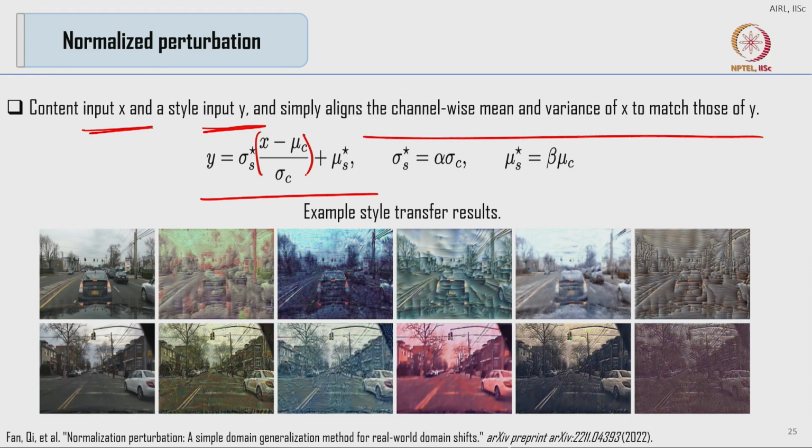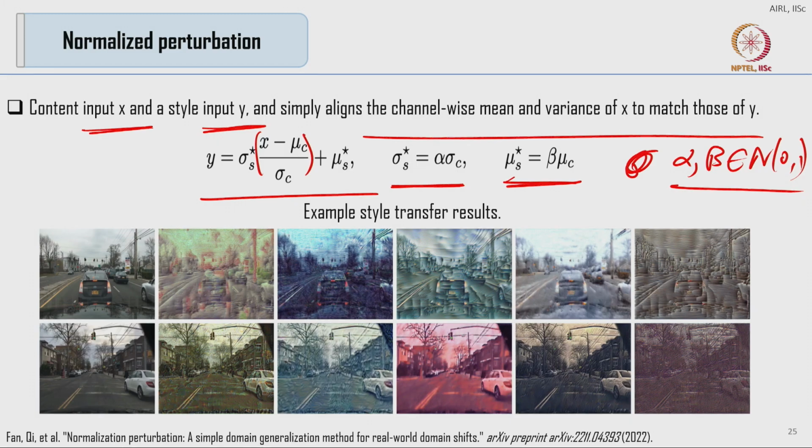The only difference here is we have sigma s star, which is given as alpha times sigma c, and mu s star, which is given as beta times mu c. Now both alpha and beta are essentially sampled from a normal distribution, so they are essentially just noise.